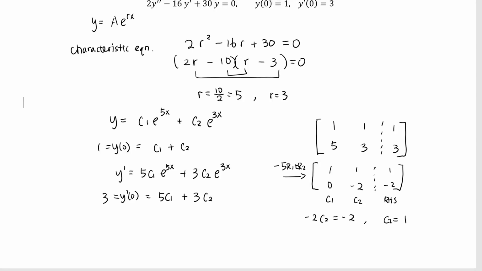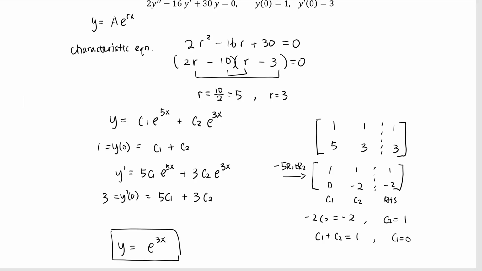Then we plug into the first equation, C1 plus C2 equals 1, but C2 is 1, so that means C1 is 0. So according to our initial condition, the solution is y with C1 equal to 0 and C2 equal to 1, so it's just e to the 3x. That is our solution in this example.